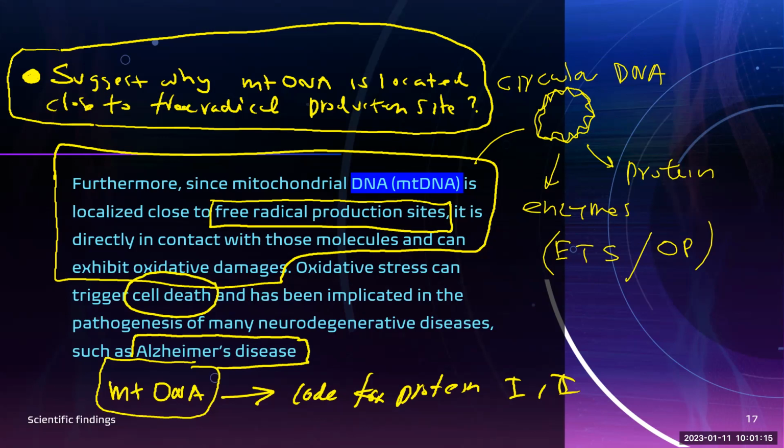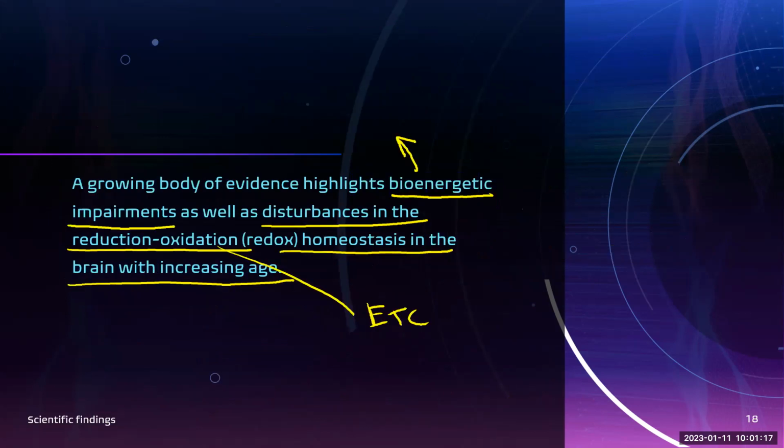Even though we don't learn much about Alzheimer's, a growing body of evidence highlights bioenergetic impairments as well as disturbance in the reduction-oxidation homeostasis in the brain with increasing age.